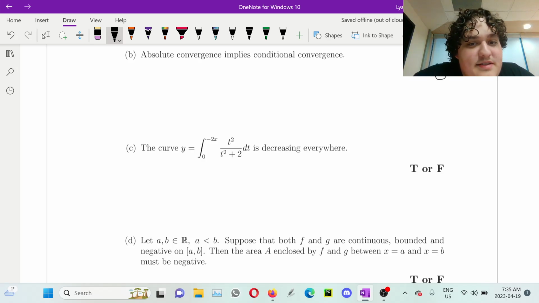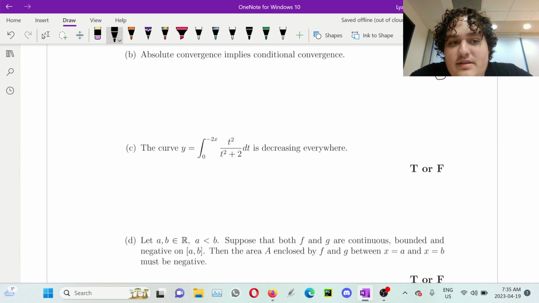Absolute convergence implies convergence, but conditional convergence generally is the opposite of absolute convergence, so absolute convergence implies not conditional convergence.